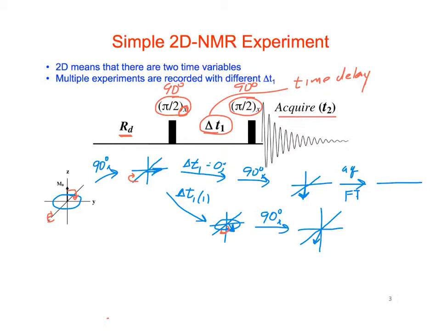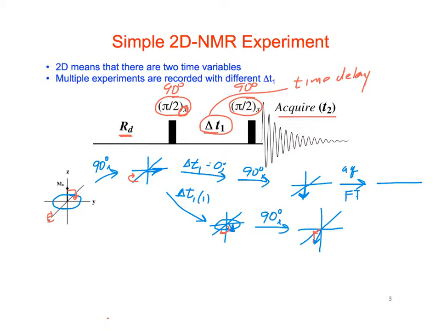Okay, so all we'll detect is the component of that vector that's still in the XY plane.